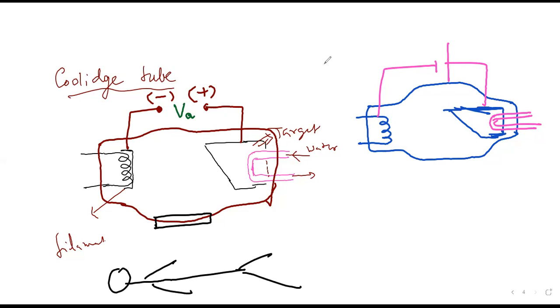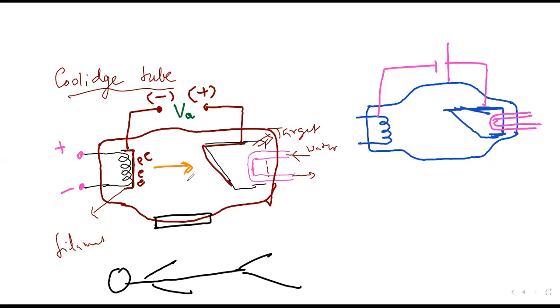Now, as you have predicted correctly, first we will use this plus and minus to heat this filament. When this filament is heated, it will produce electrons, right? But since this cathode and this anode are connected to a very high voltage terminal, these electrons will be accelerated while moving from cathode to anode.